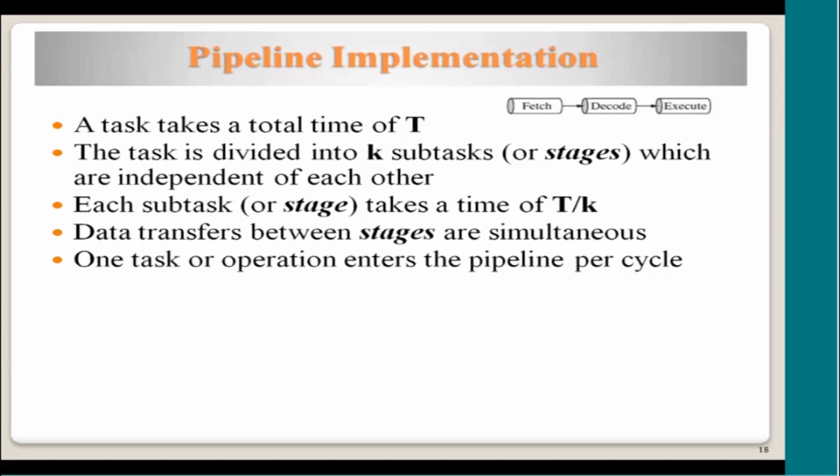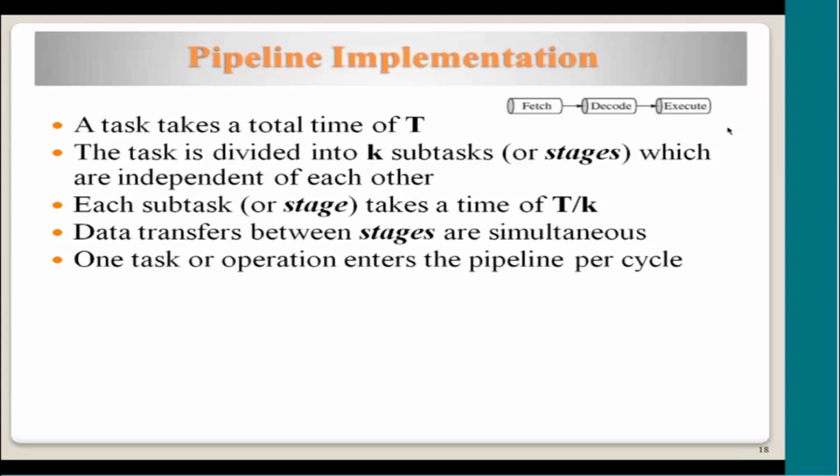In the third cycle, the third instruction gets fetched, the second instruction enters the decode logic, and the first instruction comes to the execution stage. After the end of the third cycle, the first instruction which came in has completed execution.